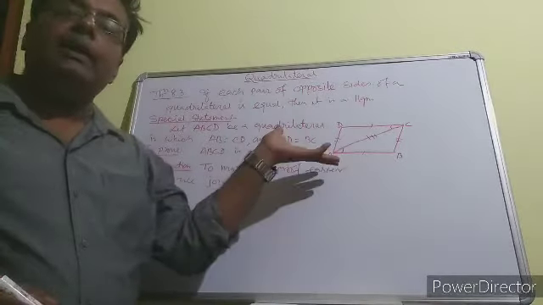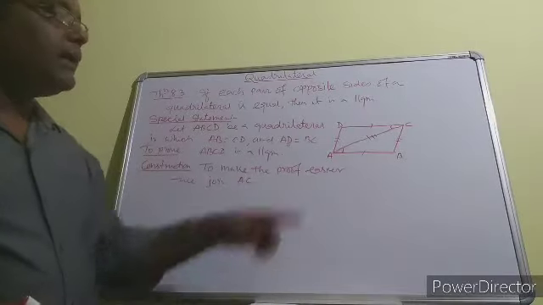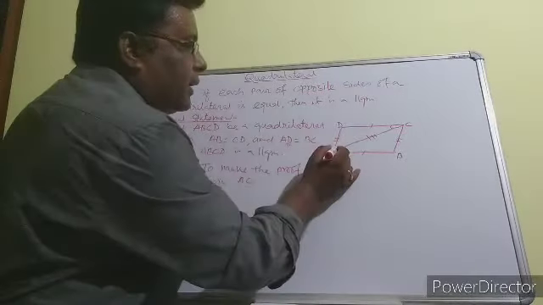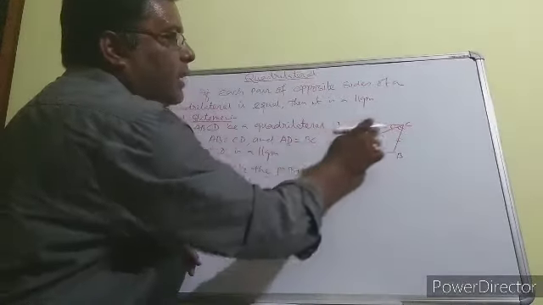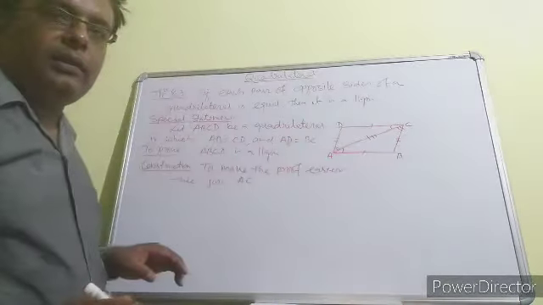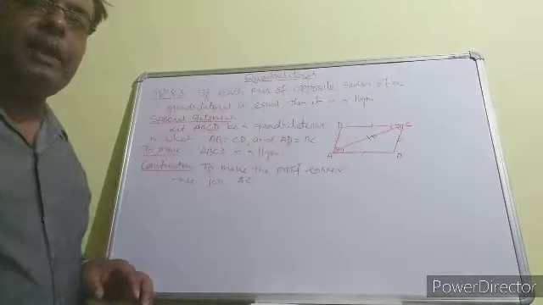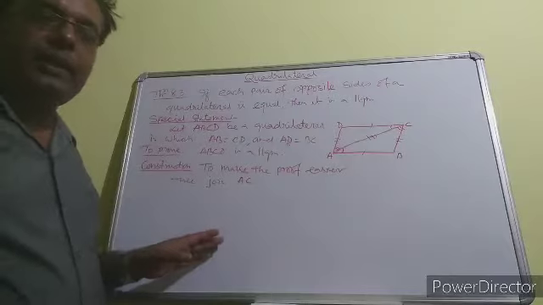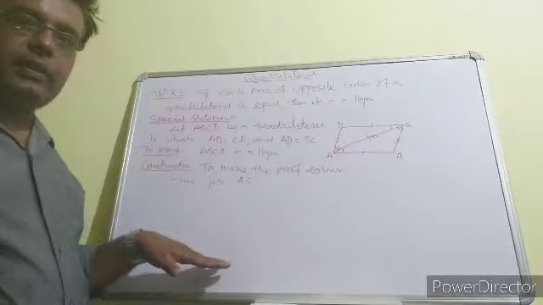That is, if the alternate interior angles are equal, then the lines are parallel. Similarly, these angles are also alternate interior angles and equal, so AD and BC are parallel. That is, opposite sides are parallel, so it is a parallelogram. So we have proved it here.